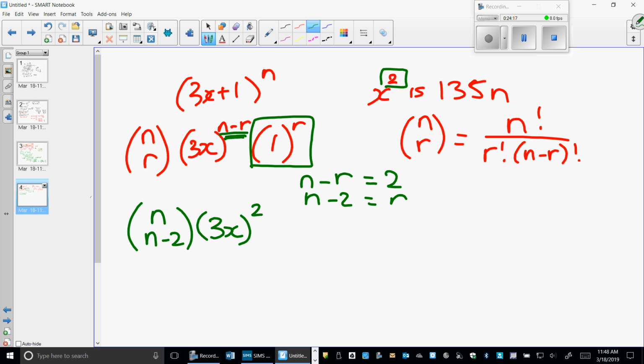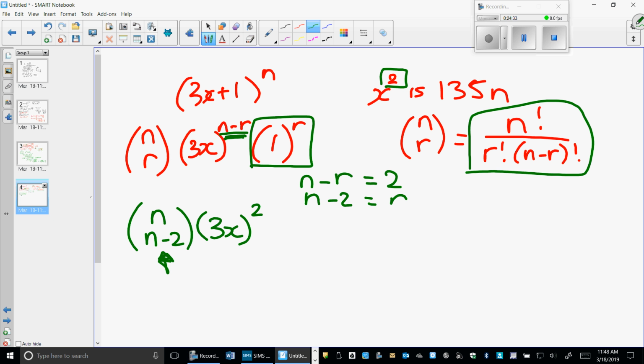Now, lots of people are like, well, hang on, hold your horses. We don't know what this value here is. However, we do know we've got this. Well, how does that help us?